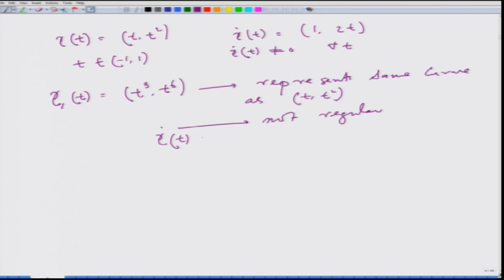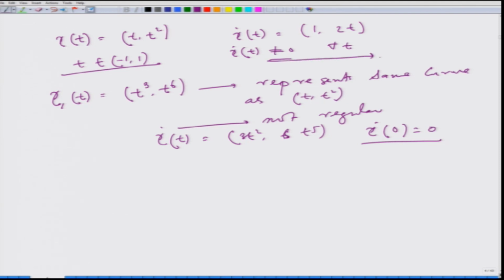Because gamma dot t is (3t^2, 6t^5). So, gamma dot 0 is 0, while t is in -1 to 1. Whereas, the previous parametrization is regular. So, the same curve can have a parametrization which is regular and one which is non-regular. So, we should be concerned about which curves have a regular parametrization and which do not. That is one of our main points in the first lecture.